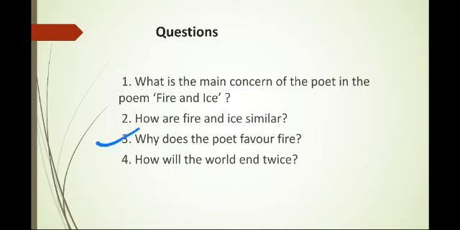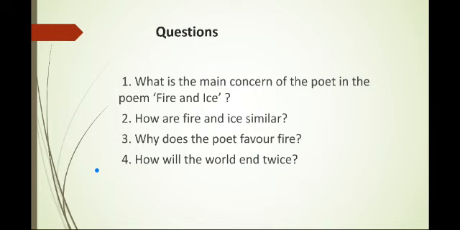Next question is, why does the poet favor fire? The word fire in the poem is a symbol of desire of human beings. The poet favors it because he himself has experienced in his life how rising desire would bring an end to life on earth.